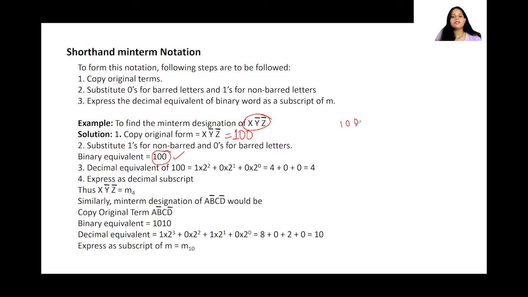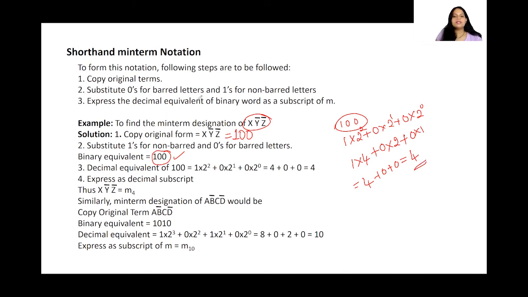So if there is 100, how am I going to find it? 1 into 2 to the power 2 is nothing but 4, plus 0 into 2 to the power 1 is nothing but 2, plus 0 into 2 to the power 0 is nothing but 1. Now here 1 into 4 is 4, and the rest become 0 and 0, isn't it? So 4 we are left with. The binary equivalent of this is 4 in decimal, right?